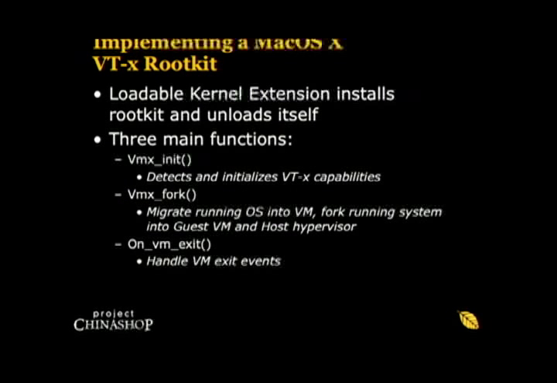Basically, how I implemented this is it's a loadable kernel extension that you load up, it installs the rootkit, and then unloads itself and lets it keep going. And it's not a lot of code. It's maybe a few thousand lines, if even that. And it's three main areas. We have VMX init, which initializes the VMX state of the processor, detects the capabilities, gets everything set up, and then the real magic sauce is in VMX fork.